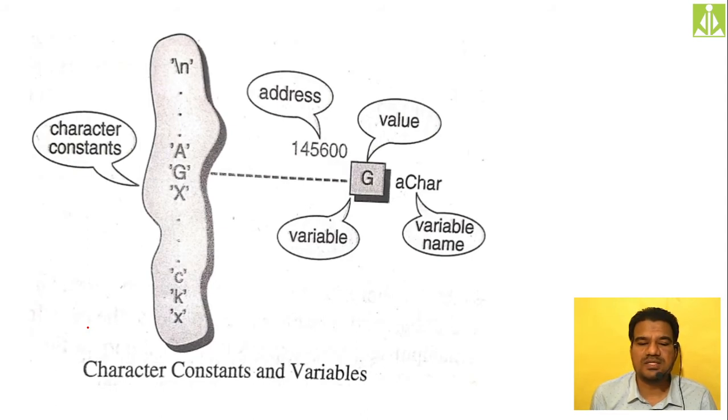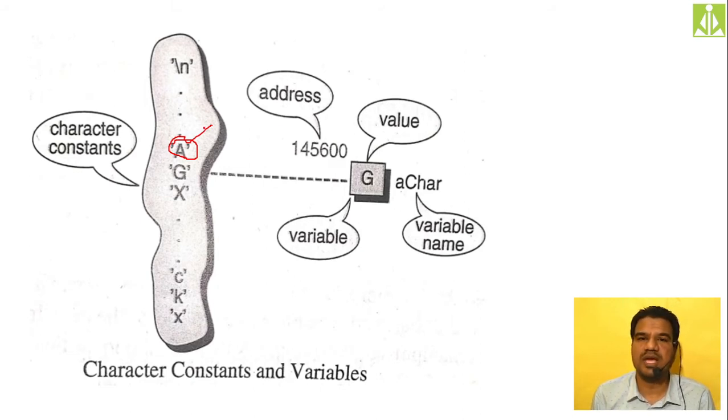As you can see over here, all these are characters. We have a character pool, and all these are my characters. When I am talking about a particular character, let us say the character A, this character A in this entire universe will be A only.